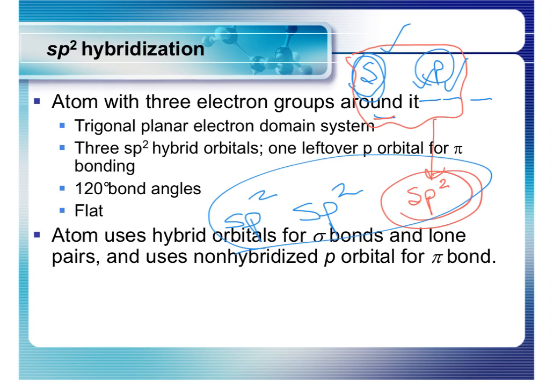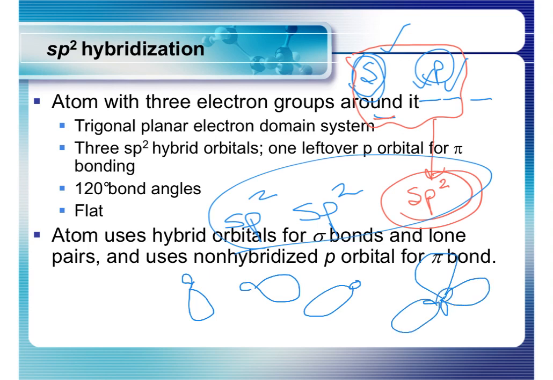Now, if you arrange 3 sp2 orbitals together, putting them as far away from each other as possible, then you get the trigonal planar geometry, okay, with 120-degree angles. And so what I want you to remember about sp2 hybridization is that it is always associated with trigonal planar electron domain and 120-degree bond angles.